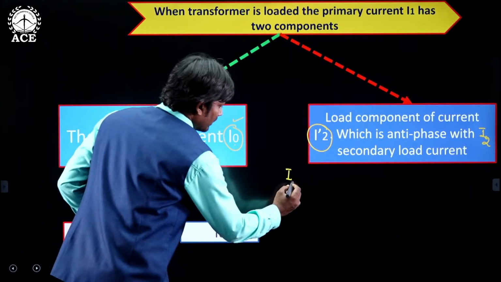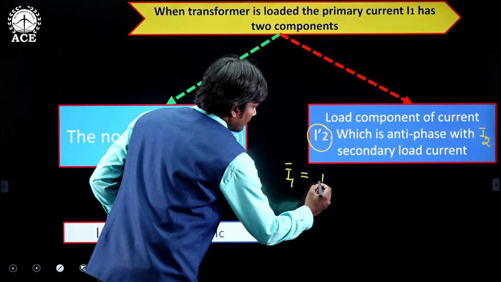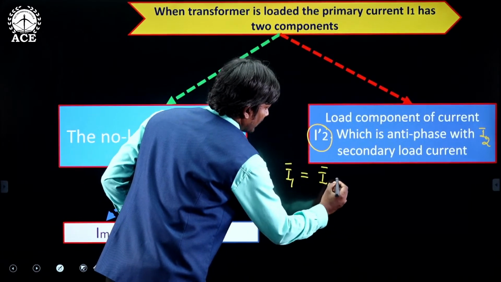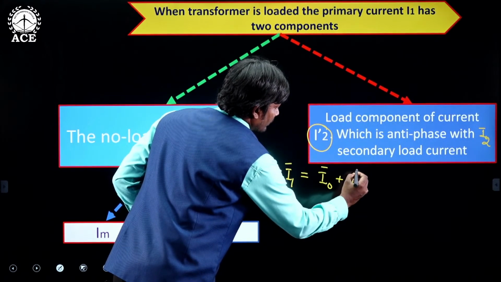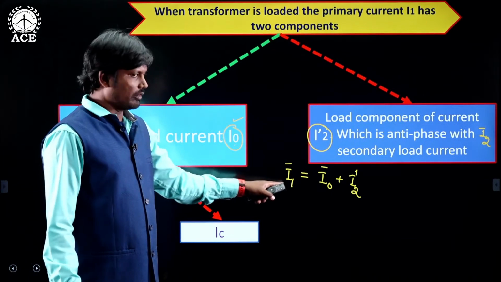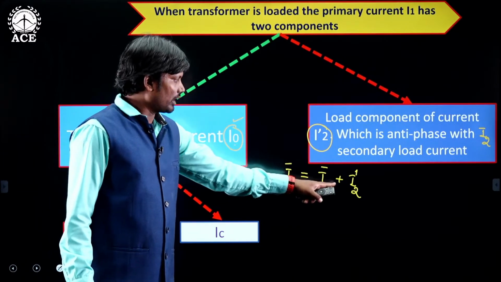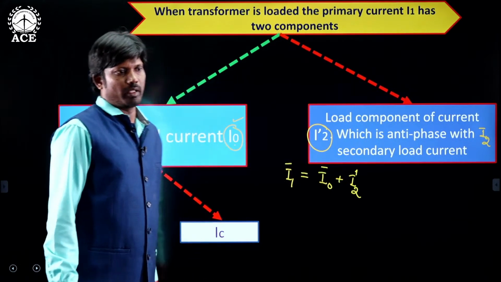Under full load condition, I1 is the vector sum of I naught plus I2 dash, the no load current and the load component of the primary current.